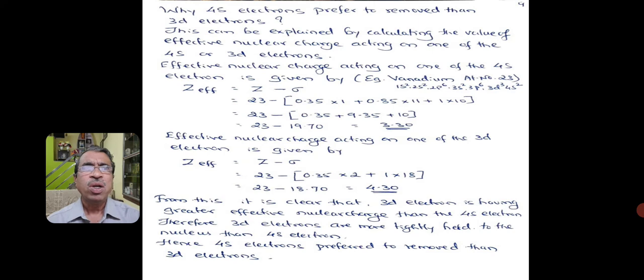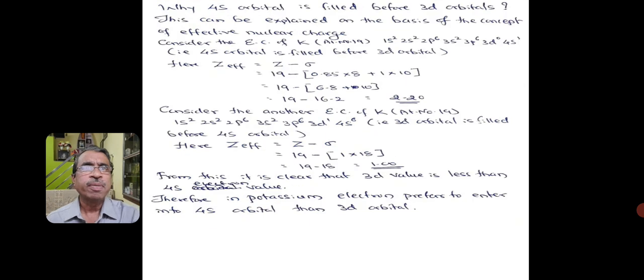This is how you have to give the answer for this question. Earlier we used to call this an anomaly of electronic configuration, but now we have explained it based on screening effects and effective nuclear charge.